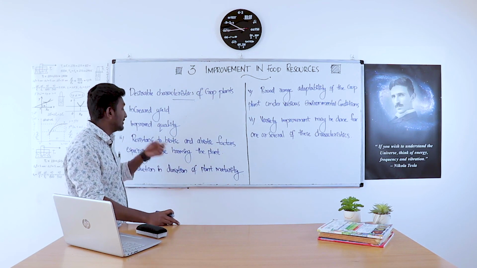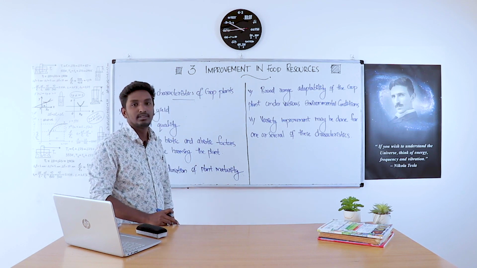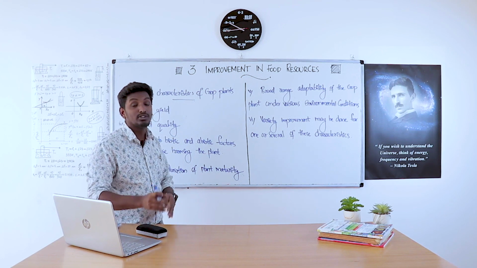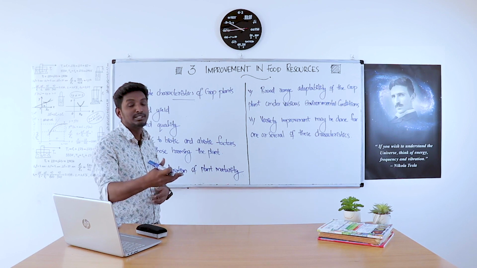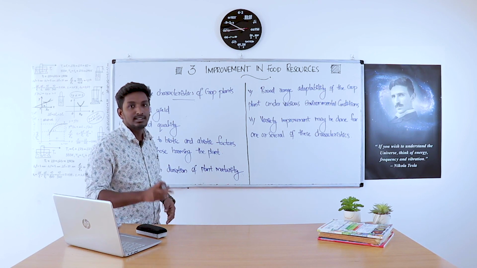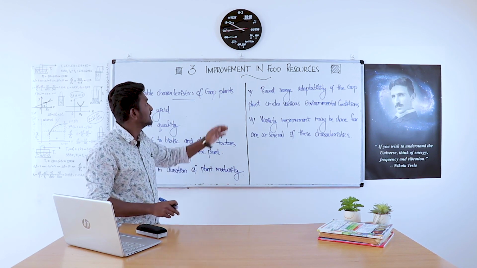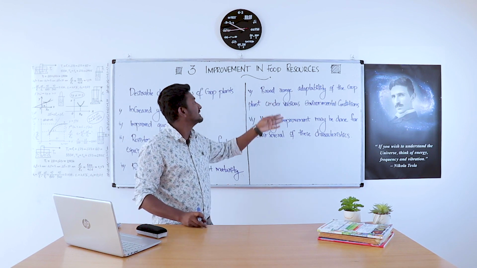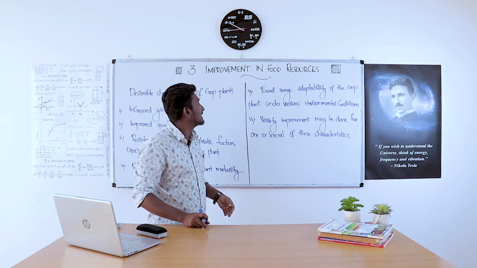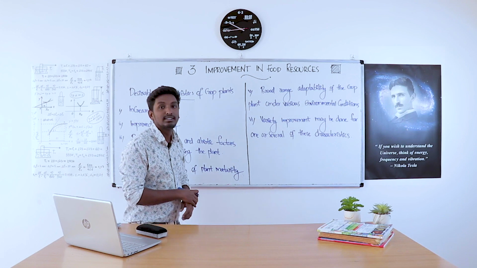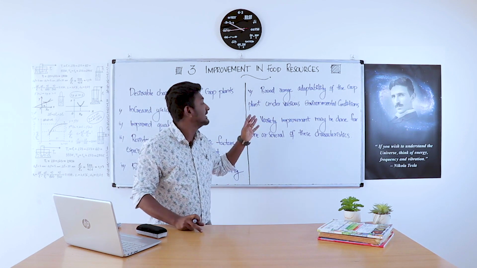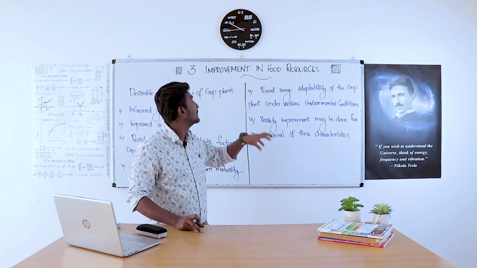Next is reduction in duration of plant maturity. If the plant matures in less time, then it will give a good result. Then, broad range adaptability of the crop plant under various environmental conditions.